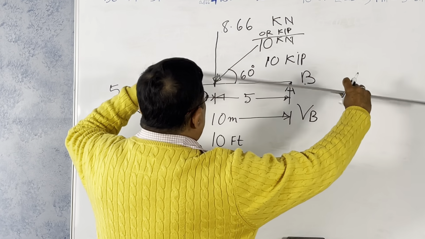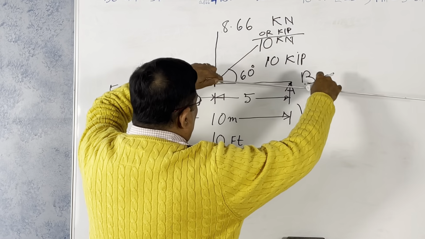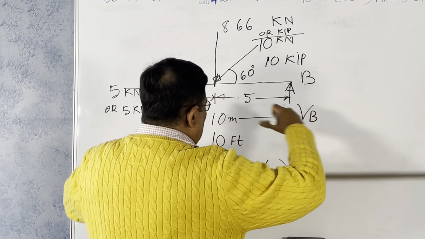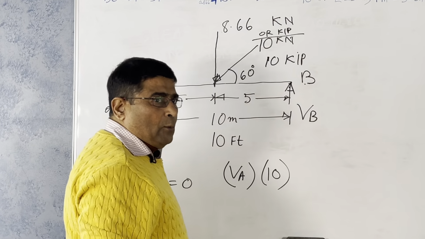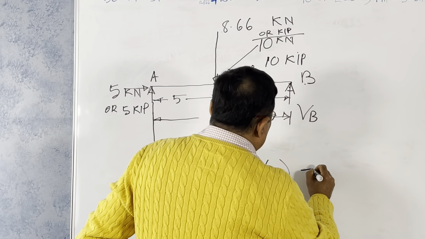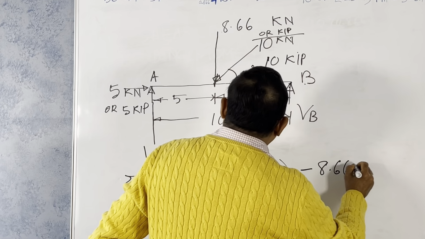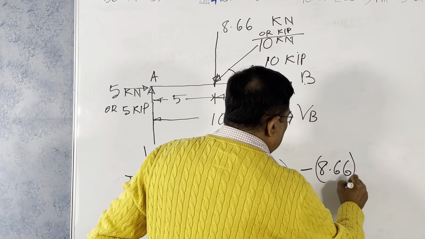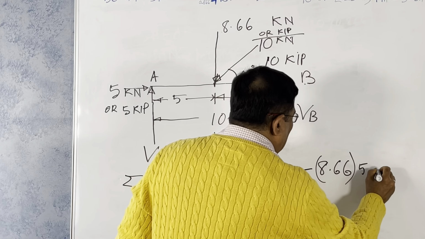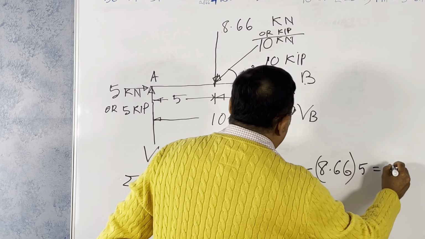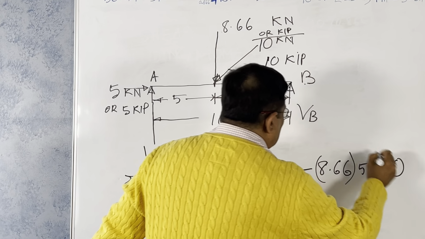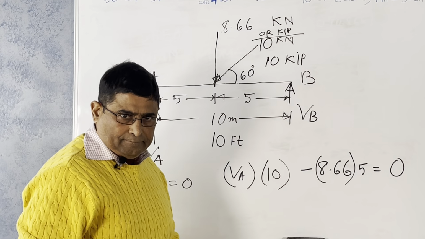This force, 8.66 at this point, is causing an anti-clockwise rotation, so it is negative: 8.66 times 5 equal to 0, because the summation of moment is 0.